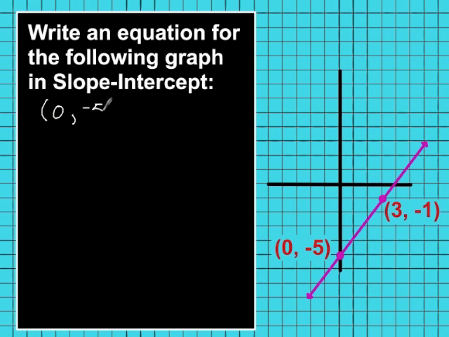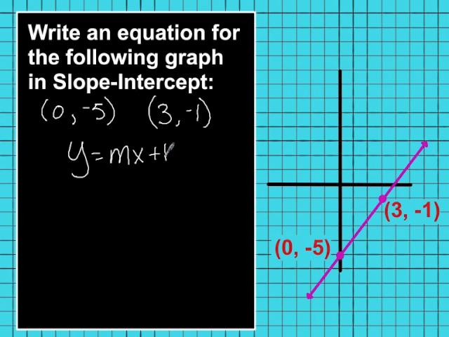We want to write an equation for the following graph in slope-intercept form, and our slope-intercept form, again, is y equals mx plus b. So we need to figure out what our m is, which is our slope, and what our b is, which is our y-intercept.